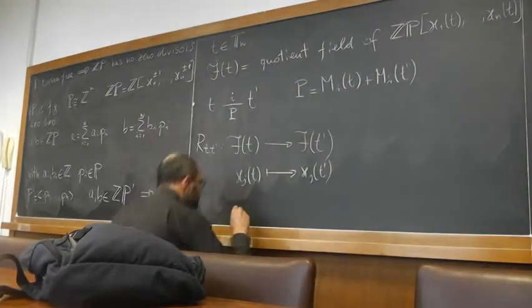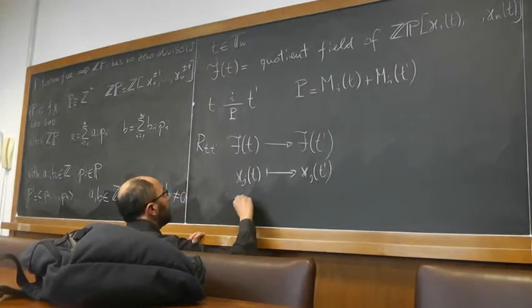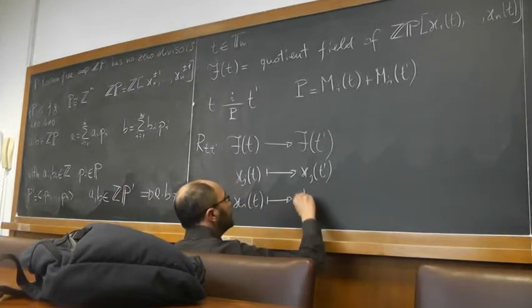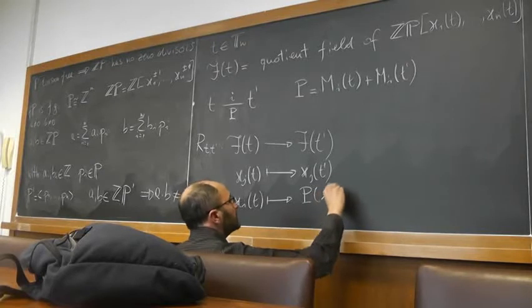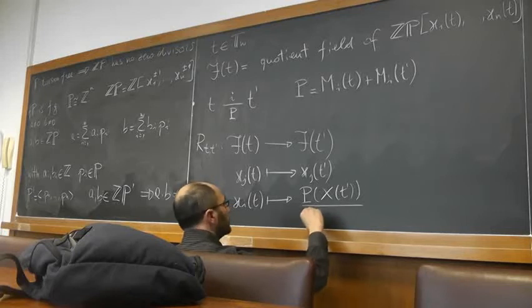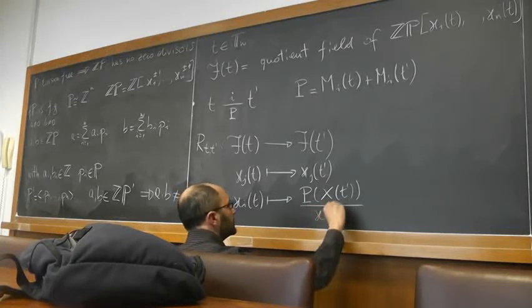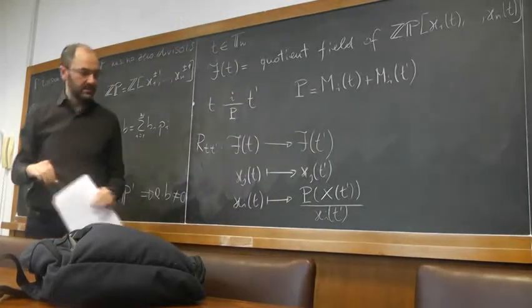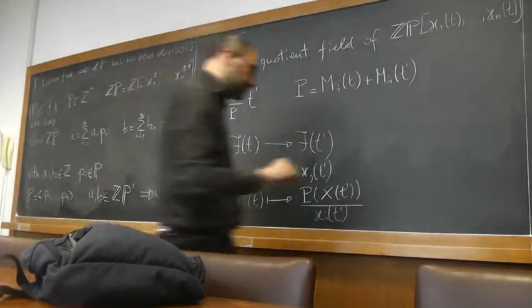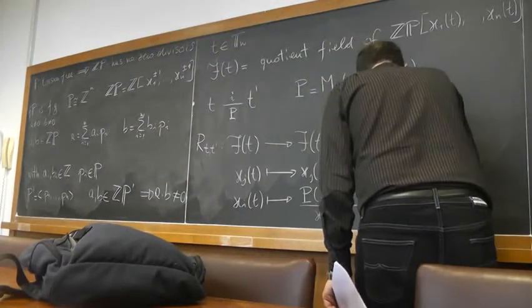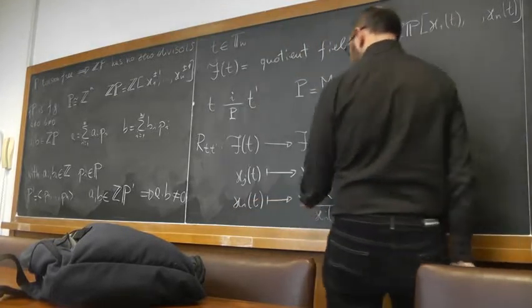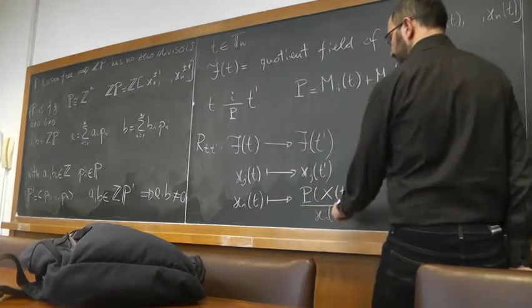And xi,t goes to p in the variables xt prime divided by xi,t prime.